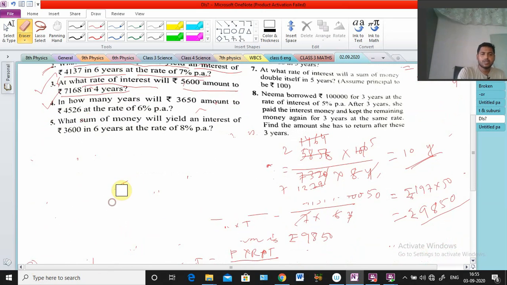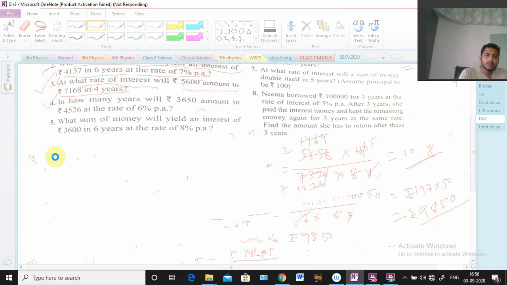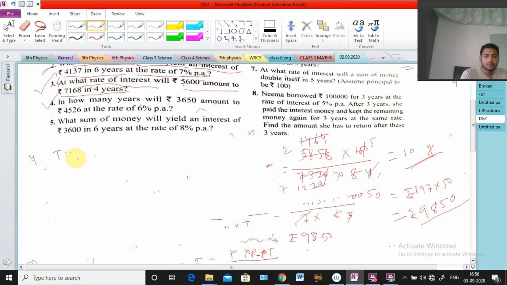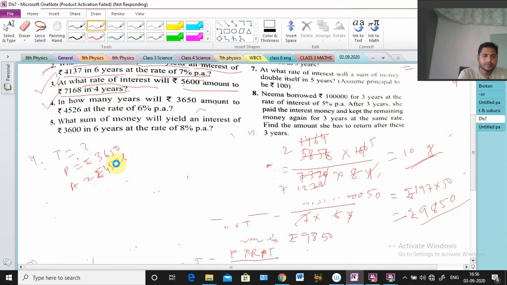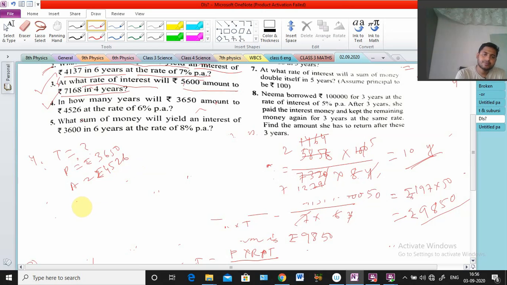Question number 4, we find out T. Principal given 3650, amount 4526, and rate of interest is 6%.